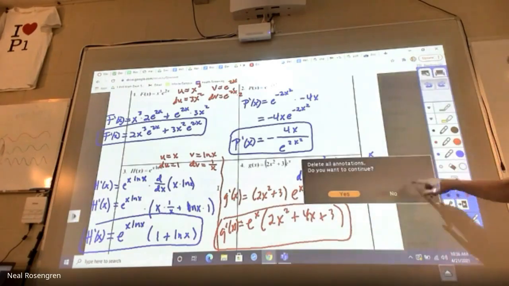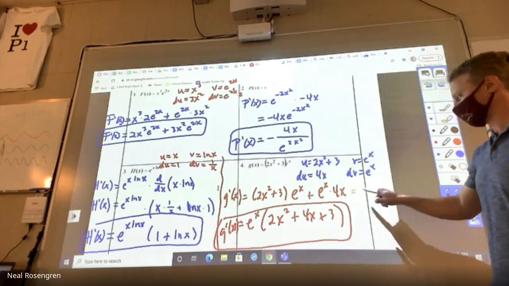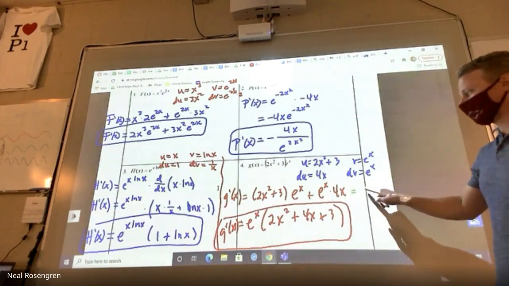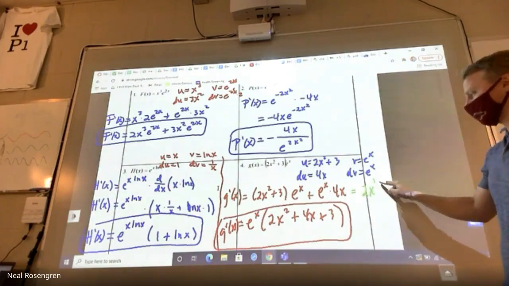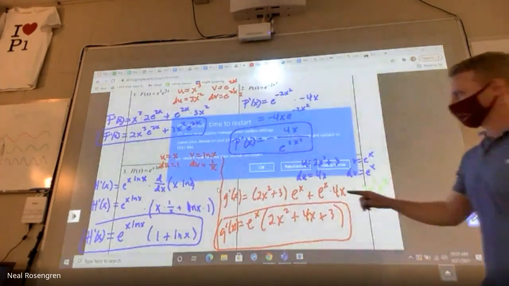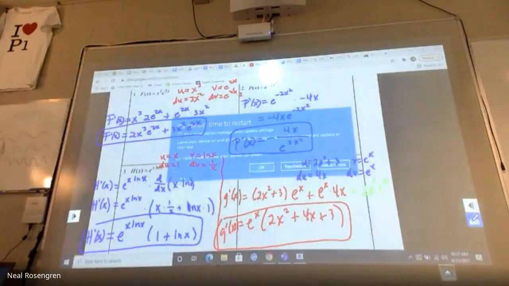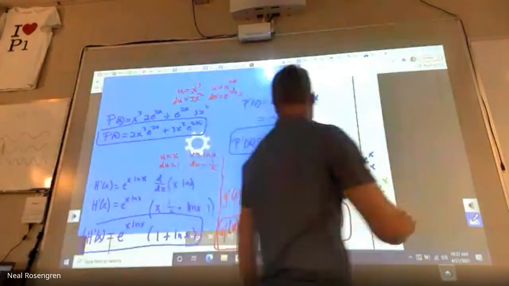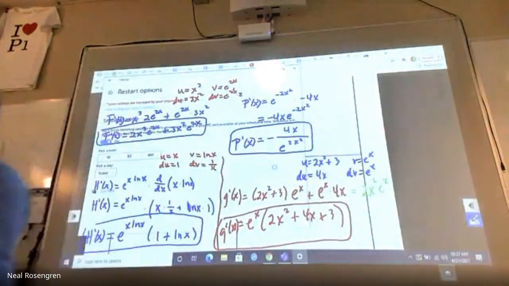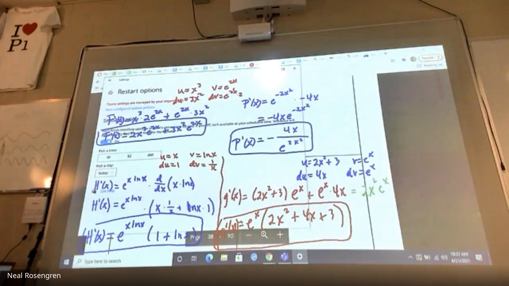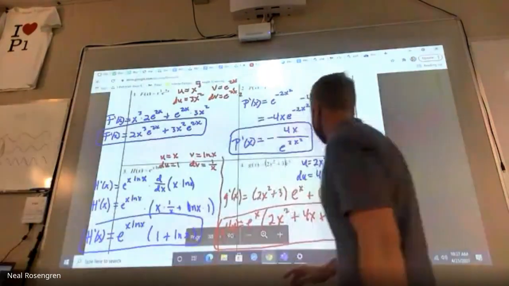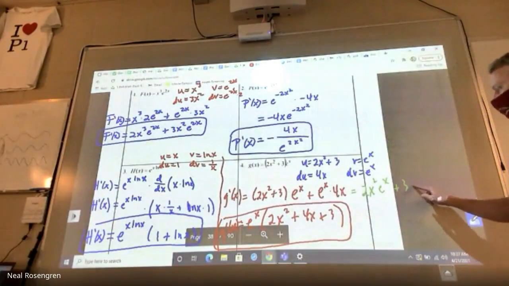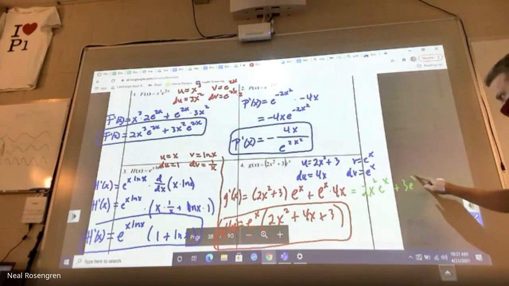But kind of the step that's happening in between here that I didn't write is me distributing: 2x squared e to the x, plus 3 e to the x, plus 4x e to the x, right?